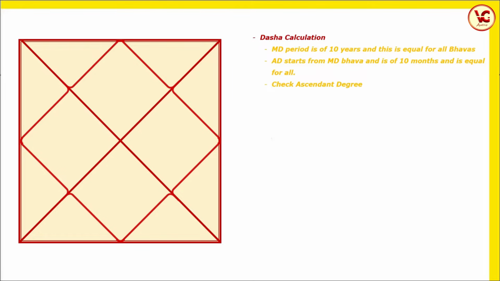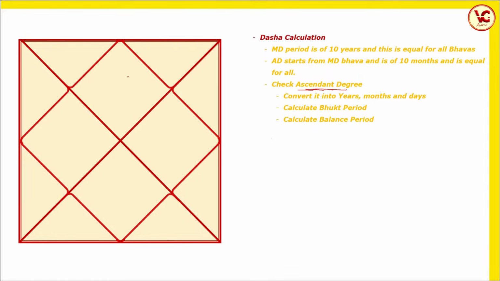Okay. Now dasha calculation. The main important thing is the ascendant degree, right? First we have to convert it into years, months and days, and then we will calculate the bhukt period and the balance dasha. So how to calculate it?